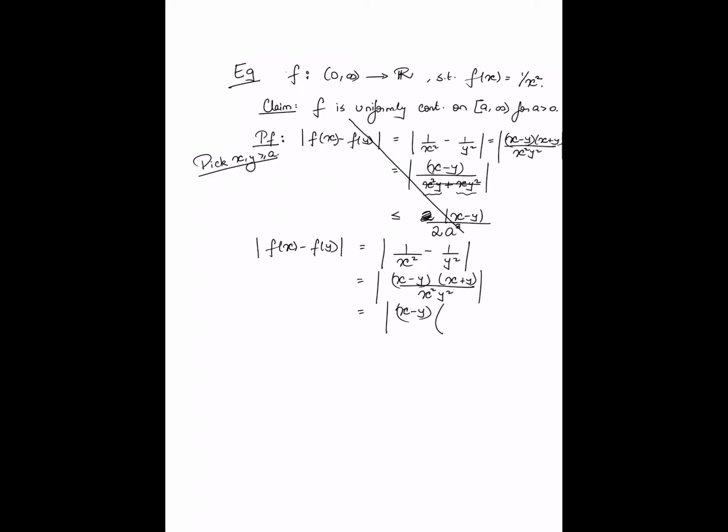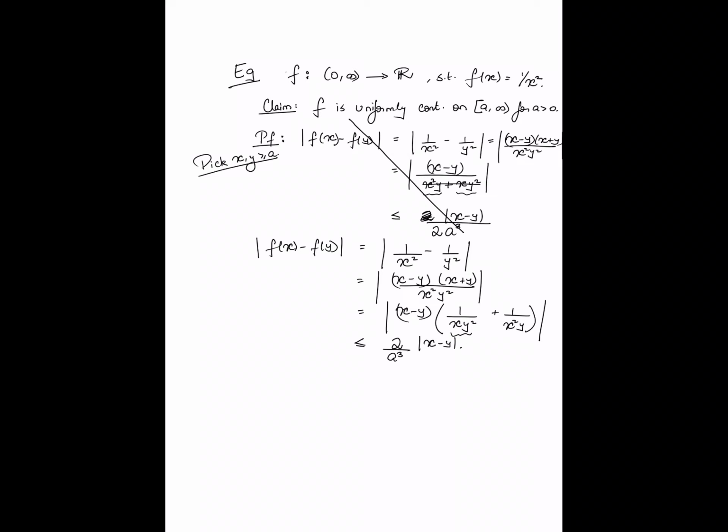This is not correct. So it should have been 1 by x y square plus 1 by x square y. Now the point is that each of these terms, the denominators xy square and x square y, is greater than or equal to a cube. So their reciprocals are less than or equal to 1 by a cube, right? So therefore this indeed can be upper bounded by 2 by a cube times the absolute value of x minus y.